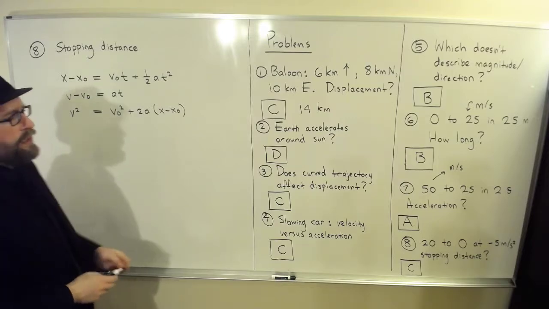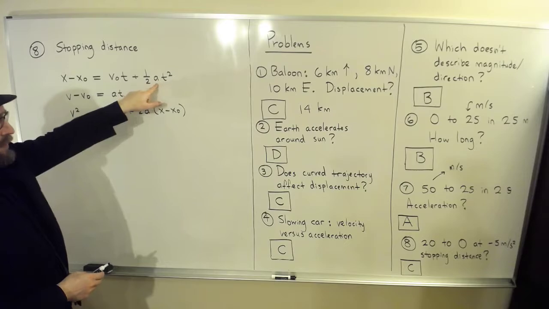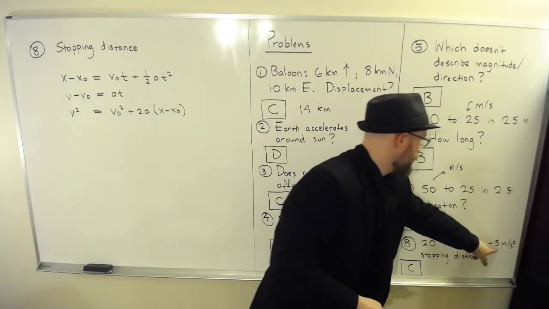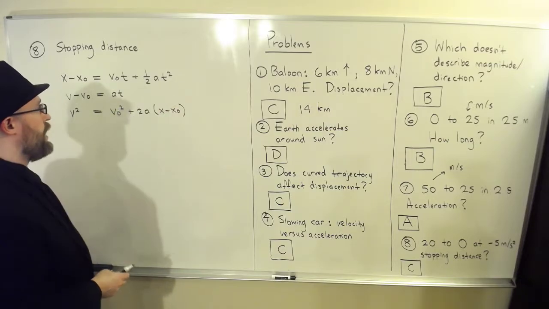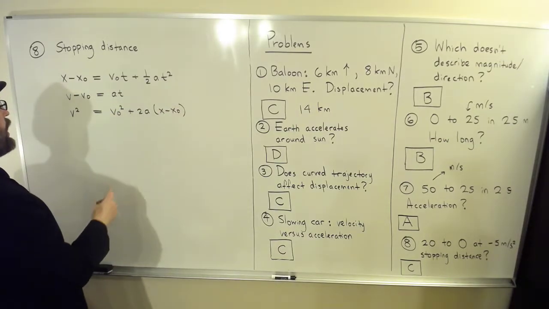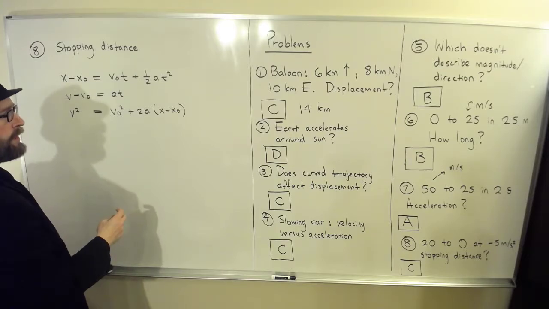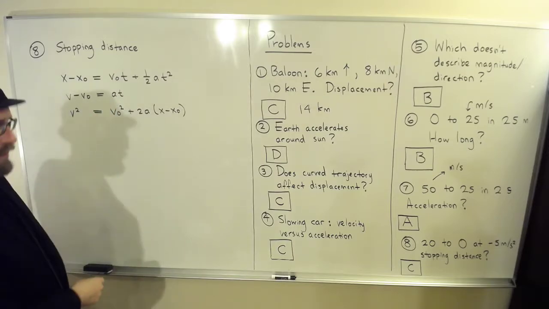But in order for this to work, I have an acceleration. I'm told what the acceleration is here. But I'm going to need a time. I'm not directly told a time, so I'm going to have to get a time from some other equation. Now, I could get a time from here.